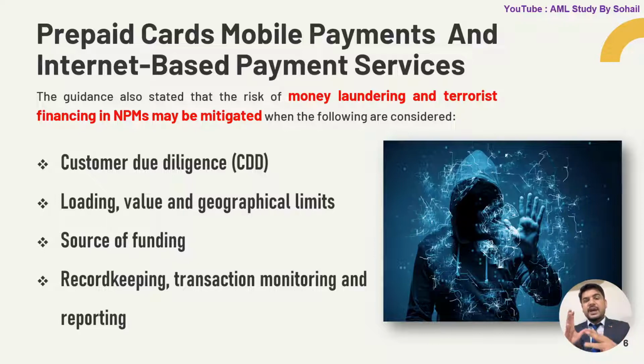Because if you find anything suspicious, you can pull out those things. If you keep records, you are able to pull that transaction. So you should keep a record, and during your audit you can pull out these transactions, transaction monitoring and reporting.